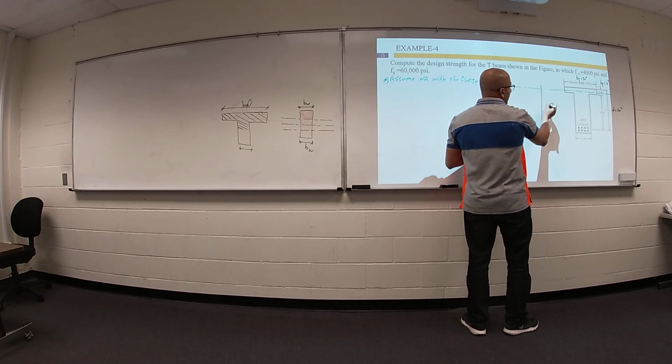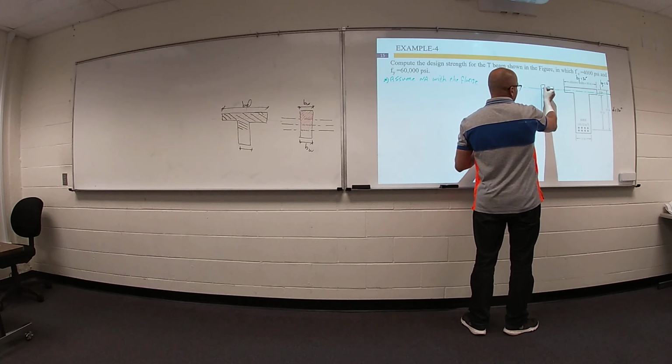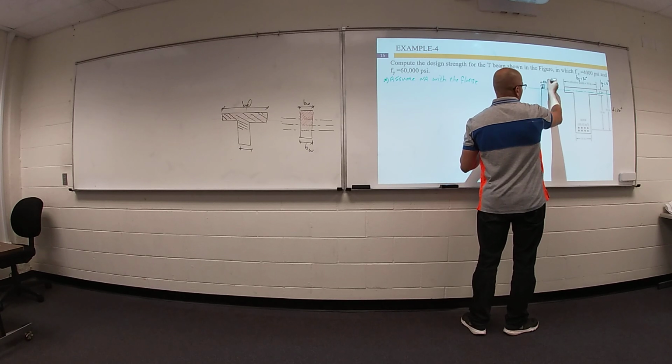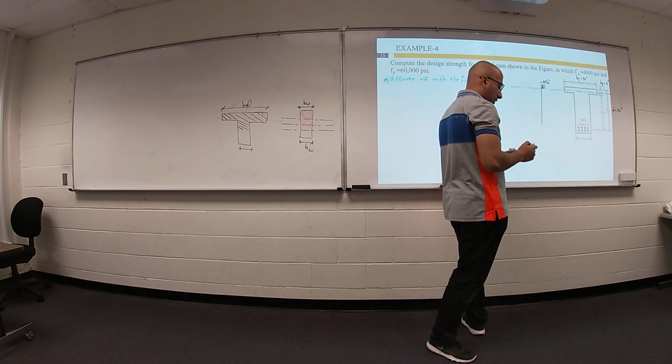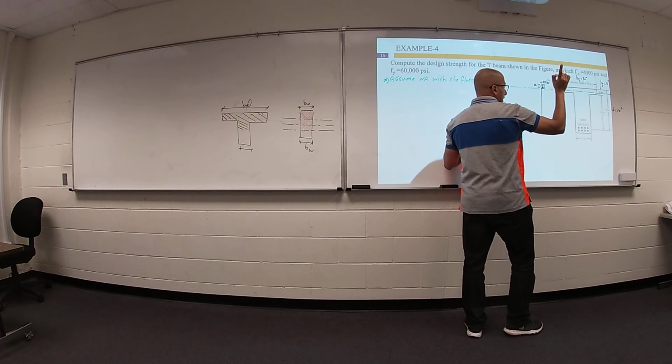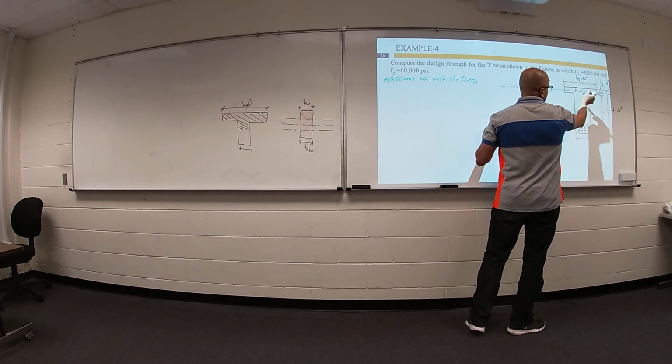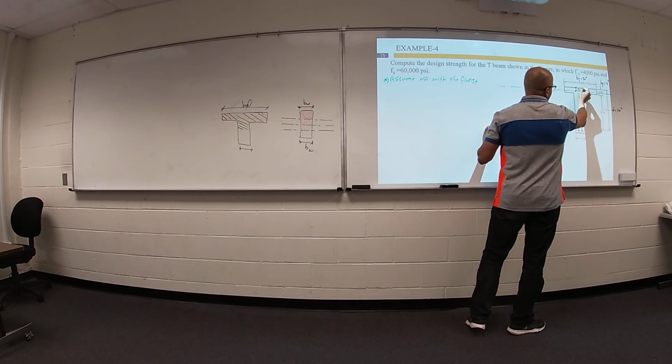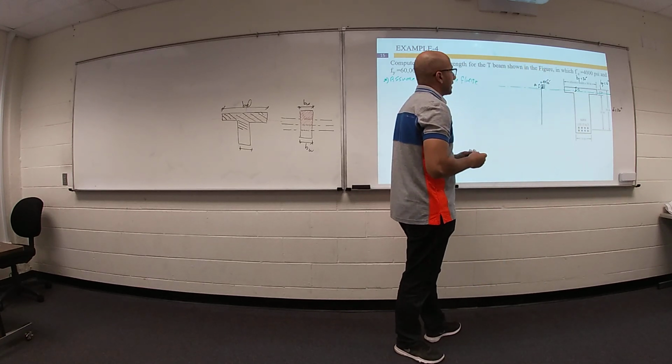Then we have the stress block here, compressive stress block, 0.85 f'c, with depth a. This distance or this depth equals c, small c, for your neutral axis.